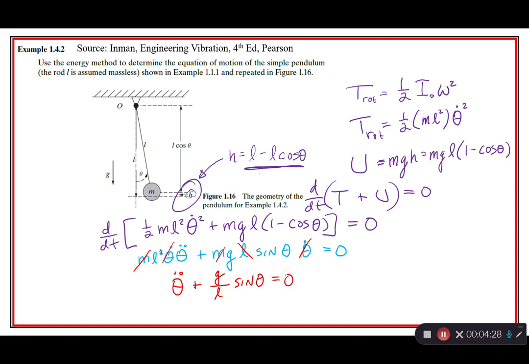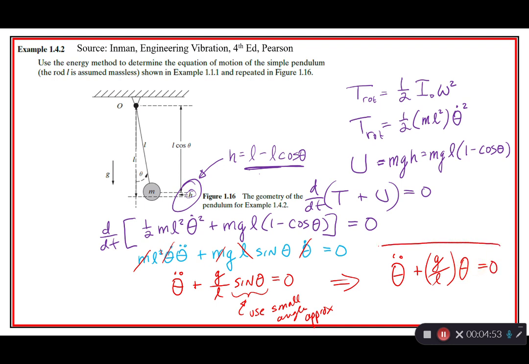equals 0, but we remember that that was a difficult integral, so use the small angle approximation. And what we end up with is theta double dot plus g over L theta equals 0, which is the equation of motion that we had before.